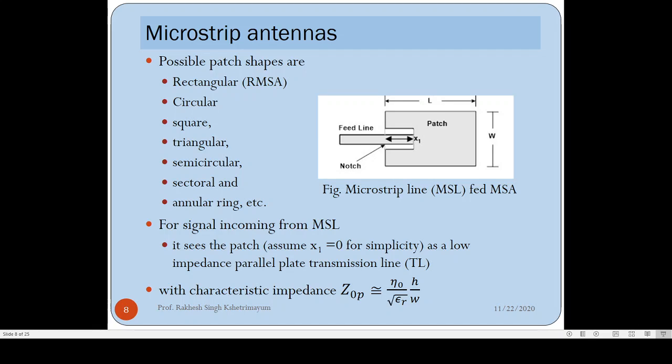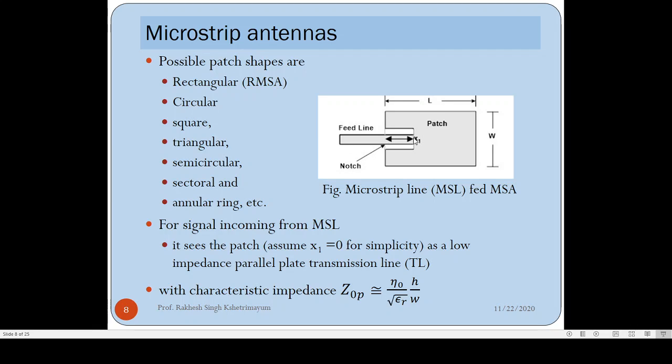How does radiation occur from the microstrip antenna? So basically this is a feed line. When does radiation occur? Radiation occurs when there is acceleration or deceleration of charge. Acceleration or deceleration of charge is maximum when you have a discontinuity. For example, you have a microstrip line here.